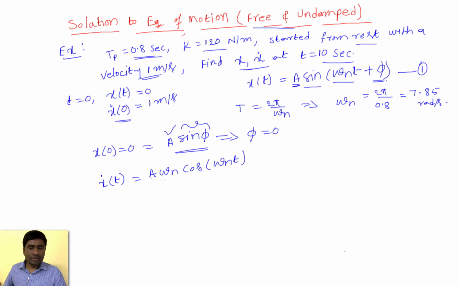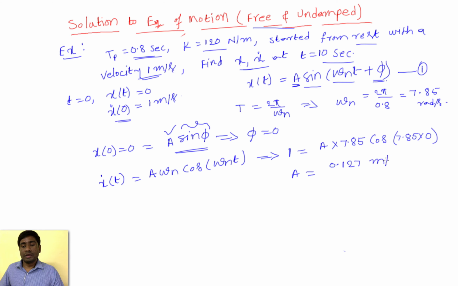So cos 0 equals 1, so we will get A equal to 1 by 7.85. So that value is 0.127 meters.